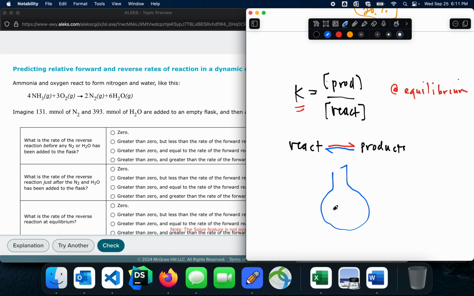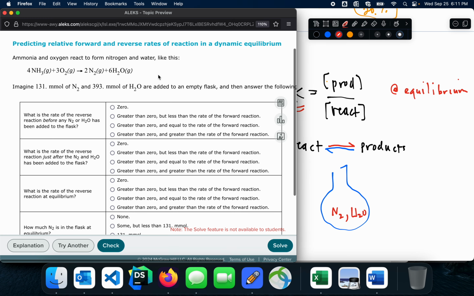But to an empty flask, we add N2 and H2O. Looking over here, those are the products. If we're adding the products to an empty flask, that means we're going to have some of the backwards reaction, the blue reaction, but none of the forward, because we had no ammonia or oxygen in there.